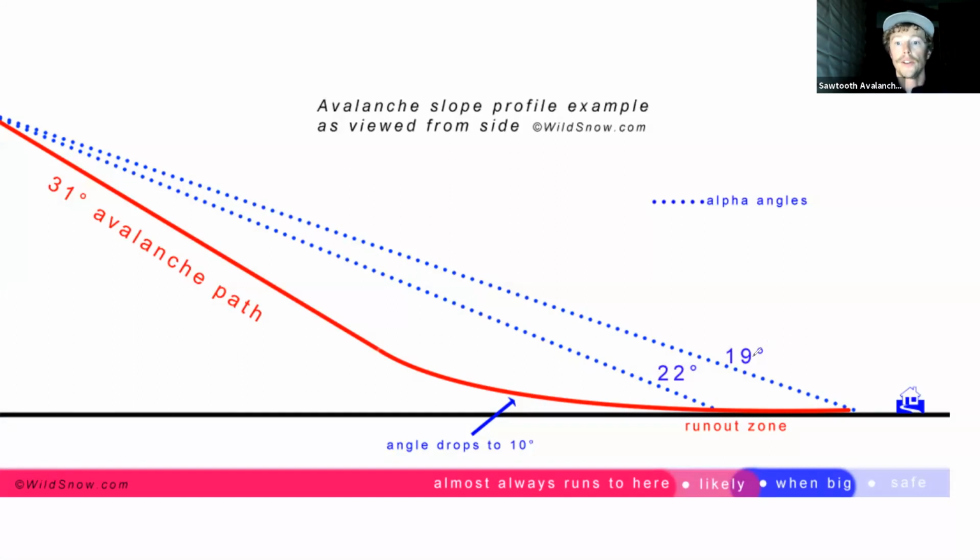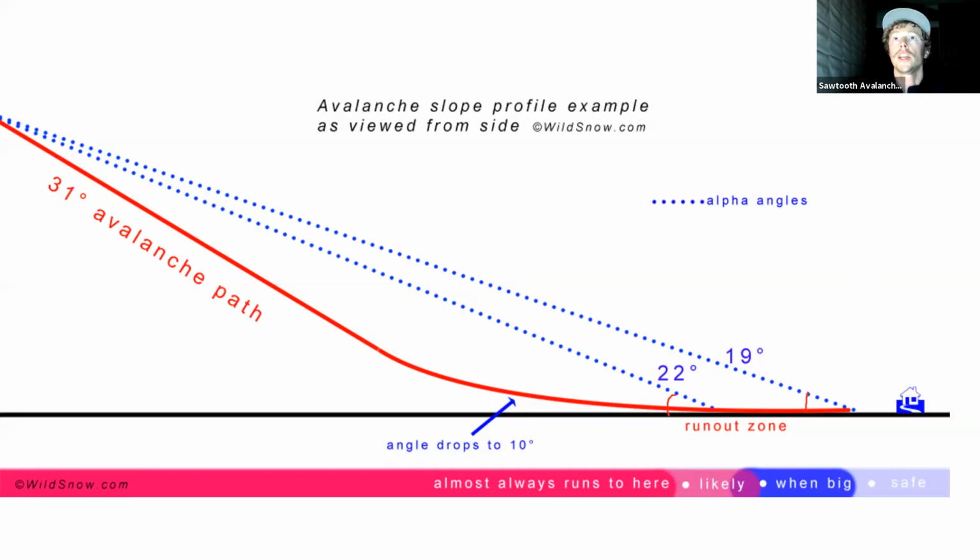And these two angles here, 19 degrees and 22 degrees, are where the 100-year event avalanche might run to. So it's going to run into fairly flat terrain with an alpha angle. Again, it's that angle between the horizontal and this line to the top of the avalanche path. That's about how far statistically some of those avalanches would run in a historical 100-year avalanche.